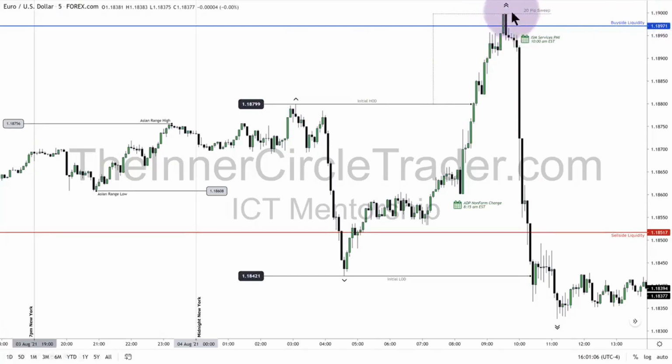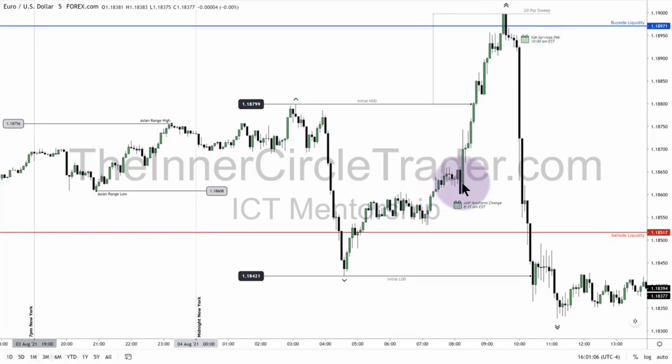Now again, your live account might show it touching the 119 big figure, but that's not my argument here. It's the purge of the liquidity above this level on the hourly chart ahead of the ISM PMI number.